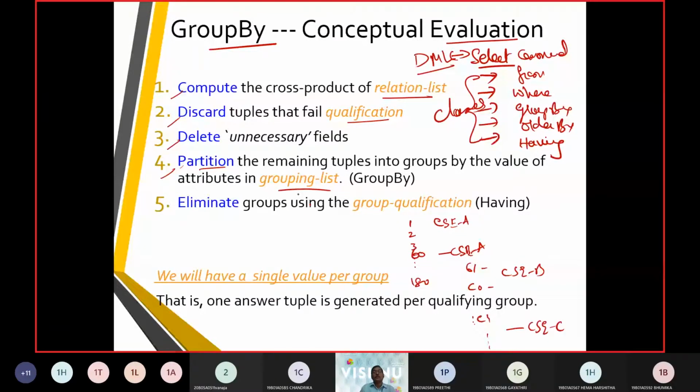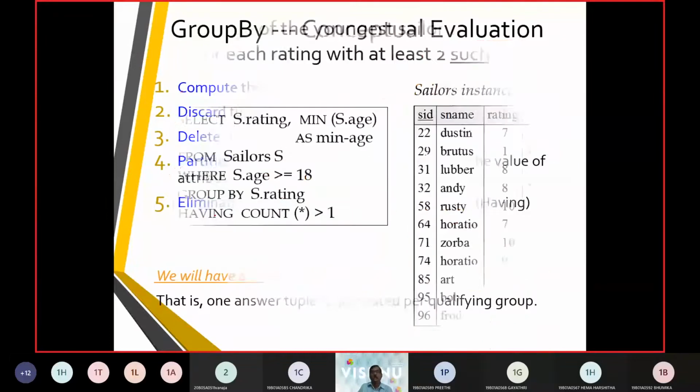If I call CSC, then I have three groups: A section, B section, and C section, right? So we need to identify the tuples respective to A, B, and C. That is how the grouping has to happen. Those who are eligible should be there, and others are to be eliminated.